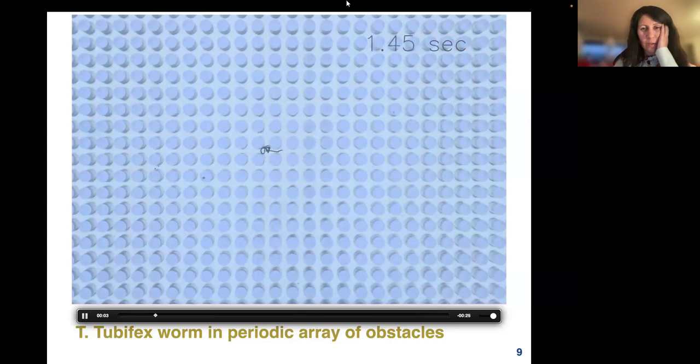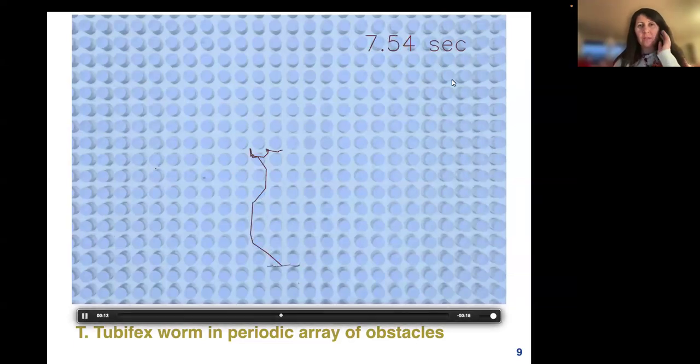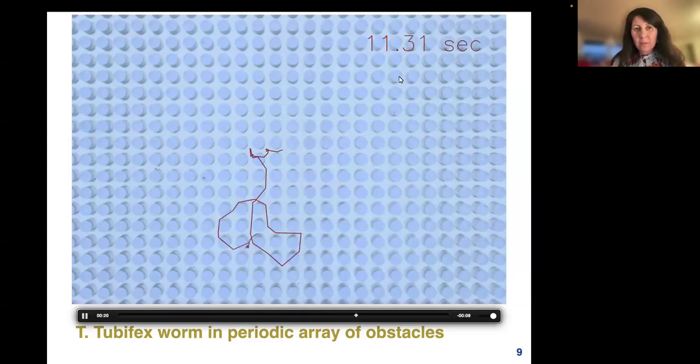There are moments when it just goes more straight. So keep this in mind when I continue to discuss the results of simulations and the experiments, where we compared our simulation results with experiments on worms.